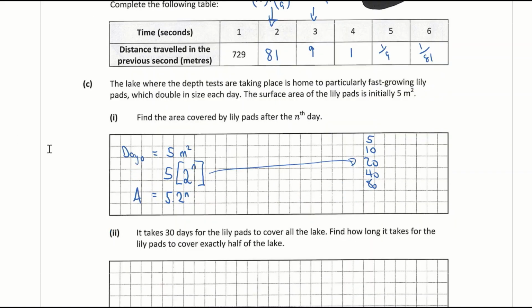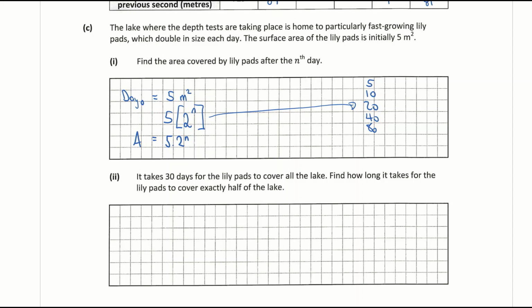Looking now at part 2 to that question, it takes 30 days for the lily pads to cover all of the lake. Find how long it takes for the lily pads to cover exactly half of the lake. So let's first of all find the total area of the lake.